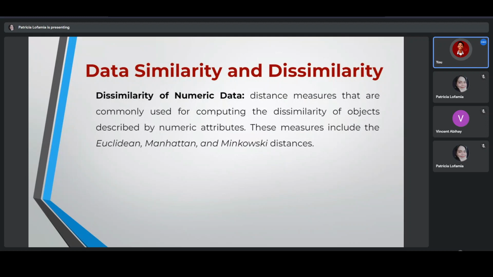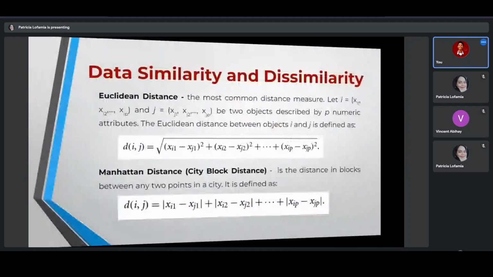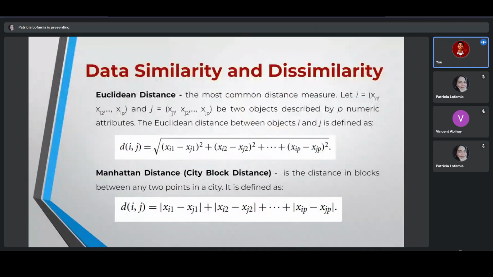Dissimilarity of numeric data. Distance measures are commonly used for computing the dissimilarity of objects described by numeric attributes. These measures include the Euclidean, Manhattan, and Minkowski distances. Euclidean distance, the most common distance measure. Let i and j be two objects described by p numeric attributes.